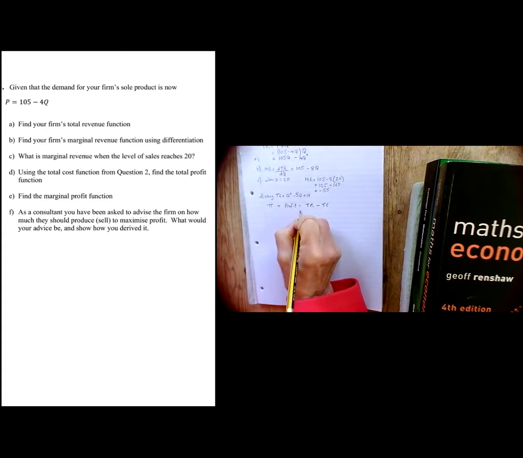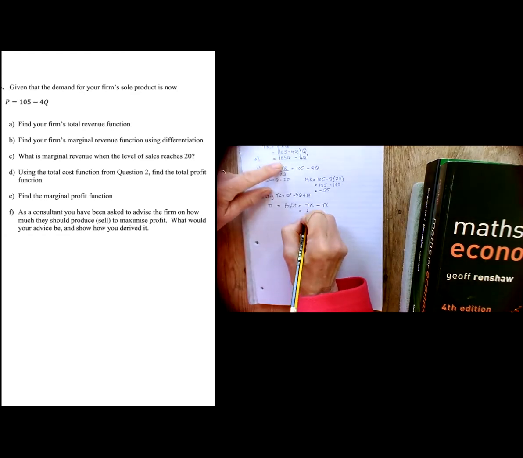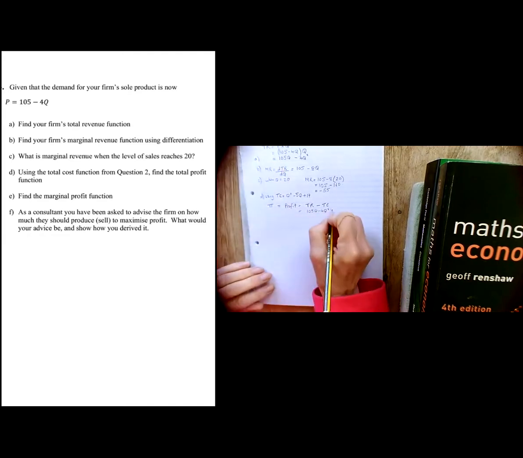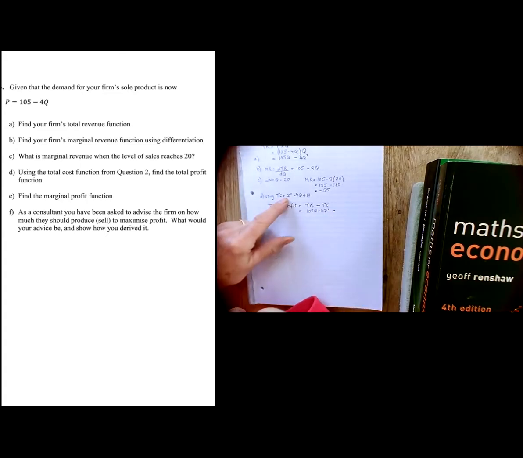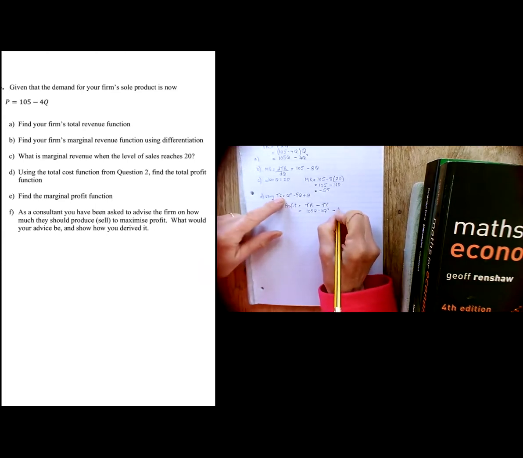So we have a total revenue function because we've already calculated that. 105q minus 4q squared and minus this total cost function. Now remember, I hammered this in class quite a lot, I think. We need to put this in brackets because there's more than one term here.